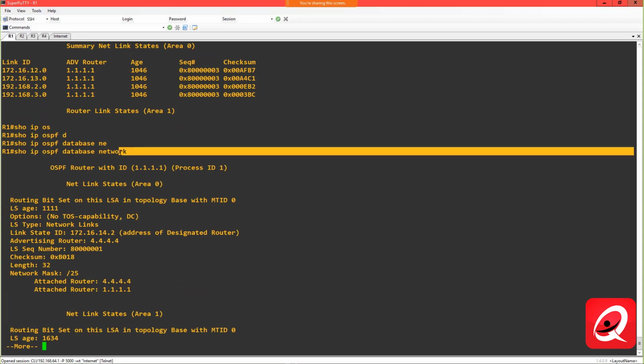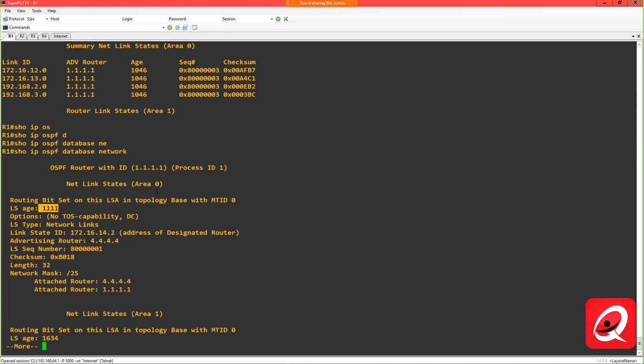That's why I called it a network LSA, because technically it's called a network LSA. I will see the details of what these type 2 LSAs represent. All right, so we got our age here. Again, that's just going to continue to increment. We have this router is generating, well, this is the router ID of my local router, but actually I'm not generating the type 2 LSA.